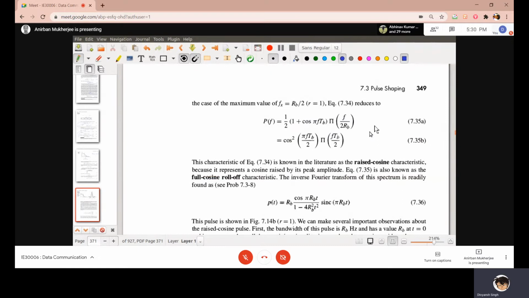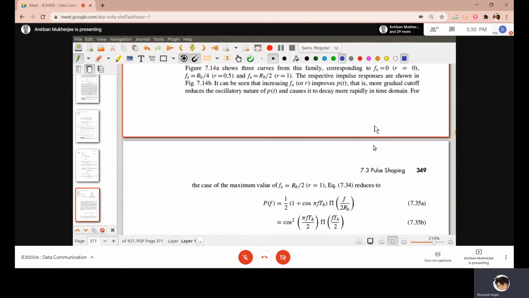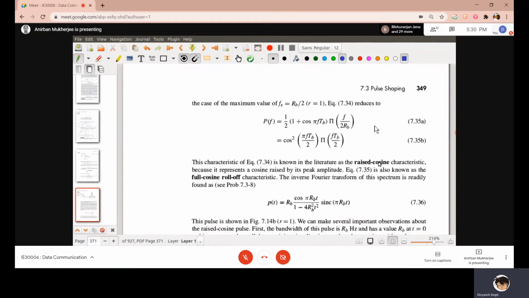If you play a little bit with this, PF is something like that. You have a rectangular function with some cos square term.